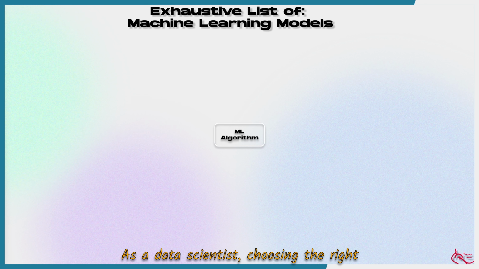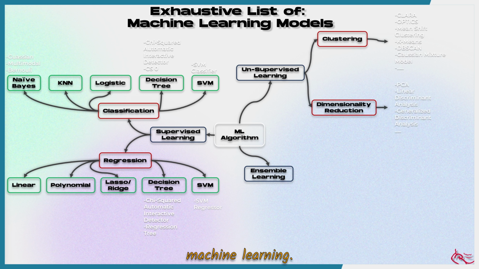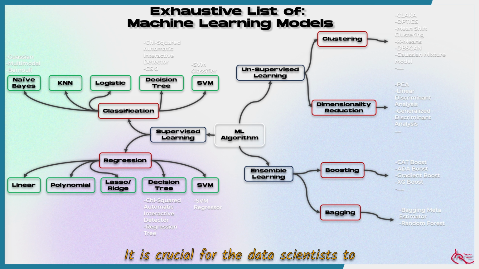As a data scientist, choosing the right algorithm can be a challenging task. There are many options available in our repositories for both regression and classification problems. Selecting the best one for the dataset and achieving high accuracy can be tricky. The presentation slide is for a quick overview to see the numerous algorithms available for machine learning. It is crucial for the data scientist to comprehend these algorithms, or at the very least understand their concept.